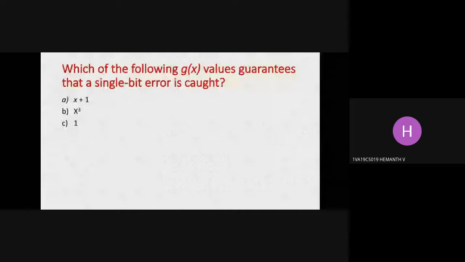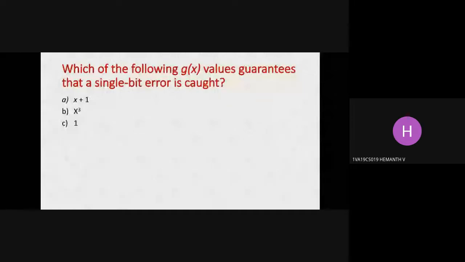Next, let's see an example. Which of the following g of x, which represents the generator polynomial, or the divisor?